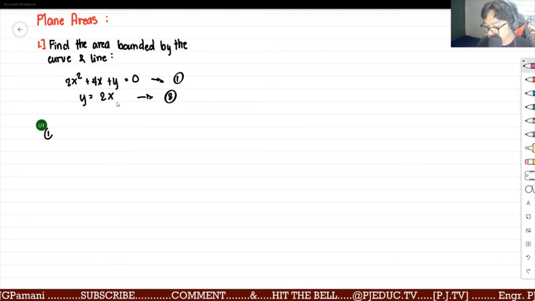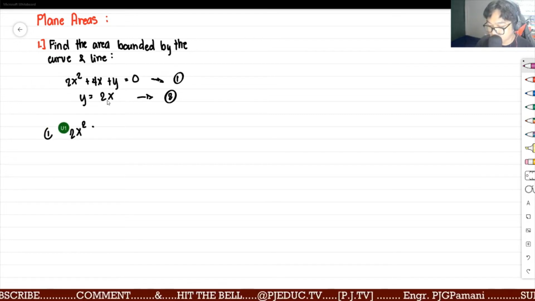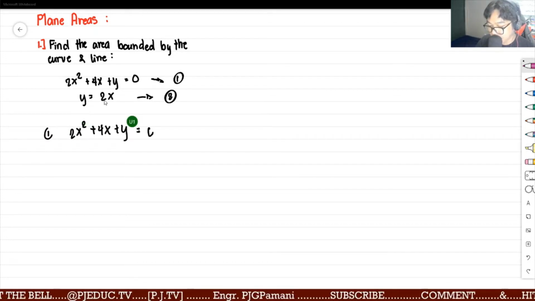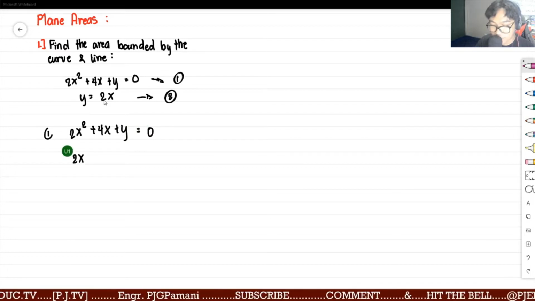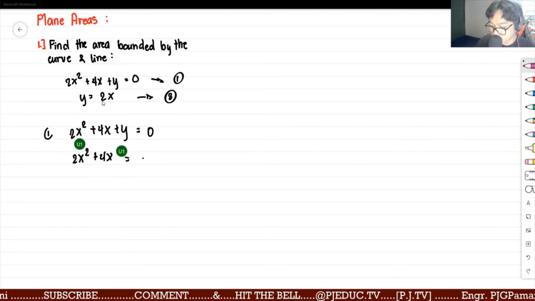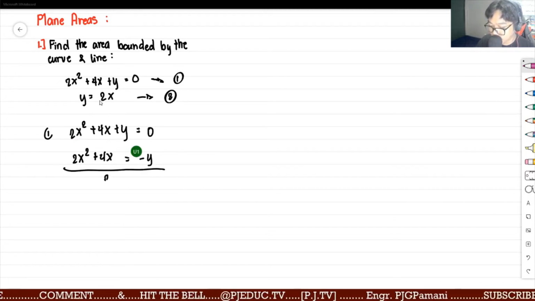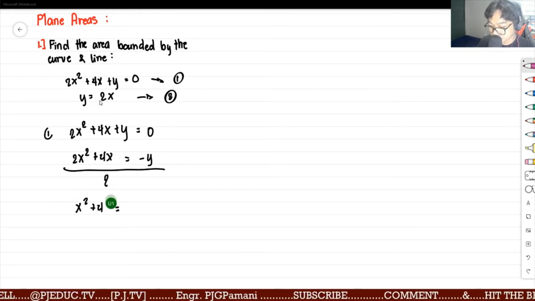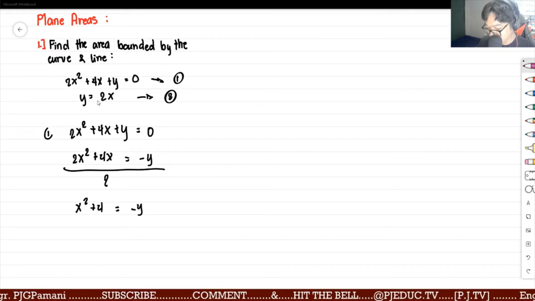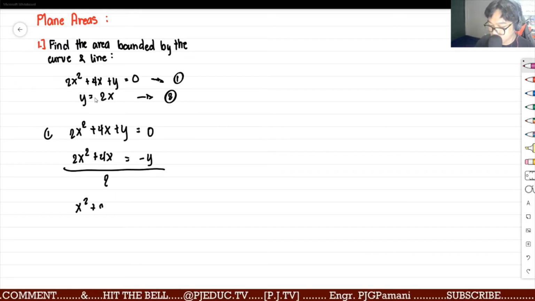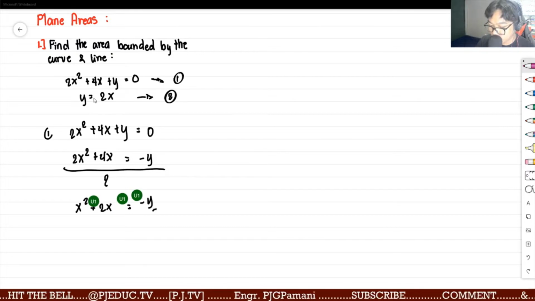Given that equation 1 is a parabolic equation, which is 2x squared plus 4x plus y equal to 0, such that if we are going to complete the square, for x we have negative y, divide both sides by 2, that is x squared plus 2x equal now to negative y over 2.